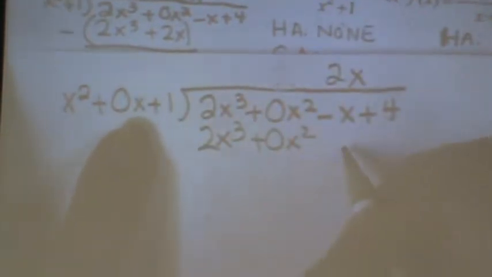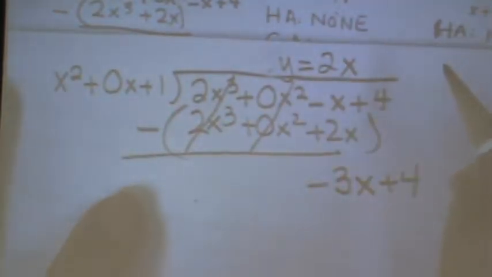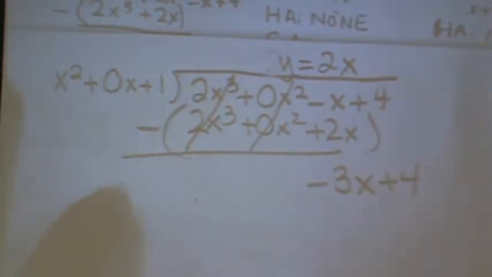And this times this is 2x. Subtract. These are gone, and this is going to be negative 3x. Now bring down the 4. That's actually the remainder. This is a weird problem. So y equals 2x is your slant asymptote.